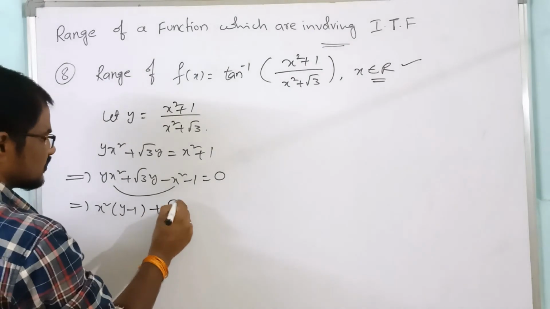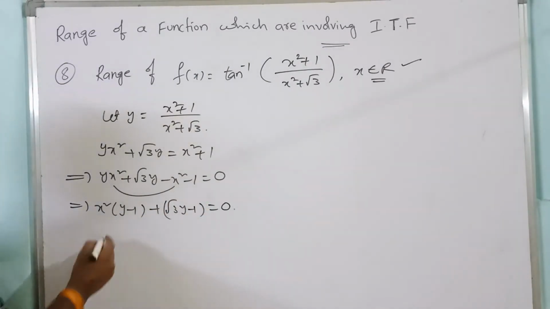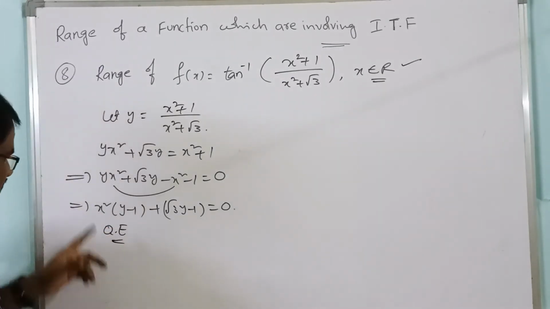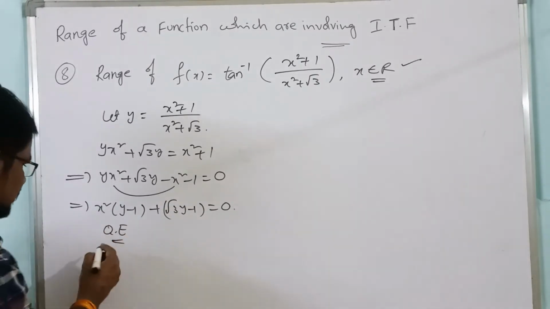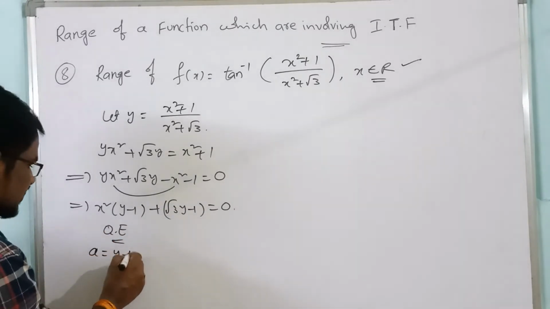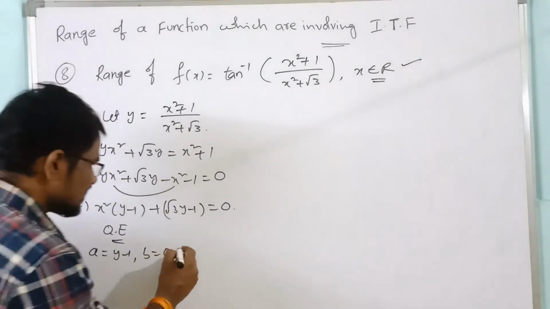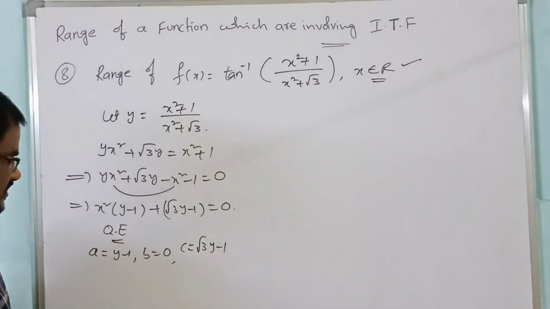Remaining root 3 y minus 1 equal to 0. Once you observe, it is a quadratic equation, a x square plus b x plus c equal to 0. So here a equal to y minus 1, b equal to 0 since the x term is not there, c equal to root 3 y minus 1.